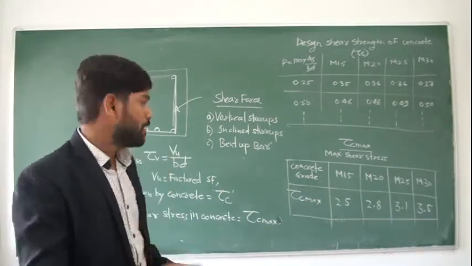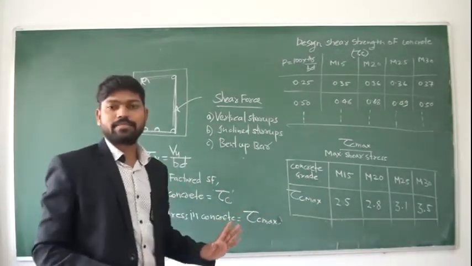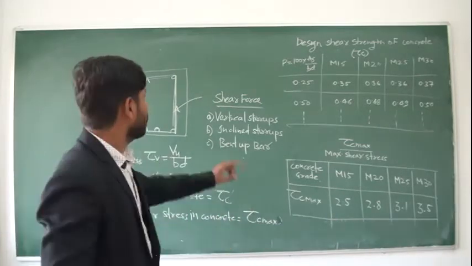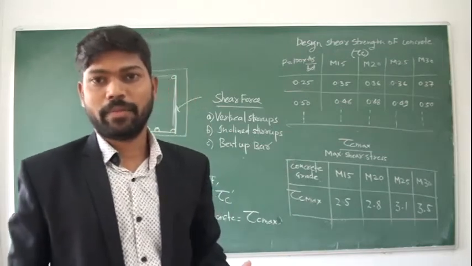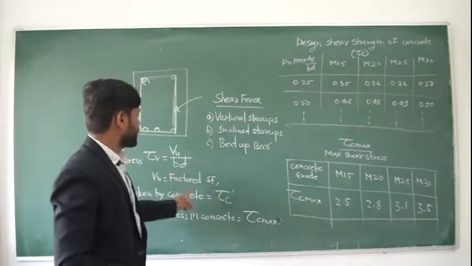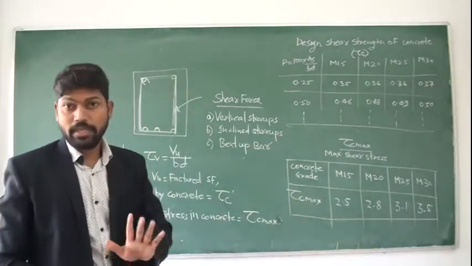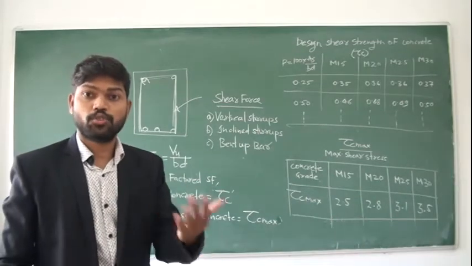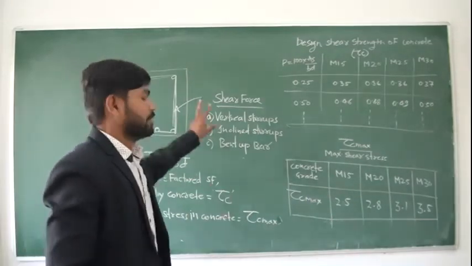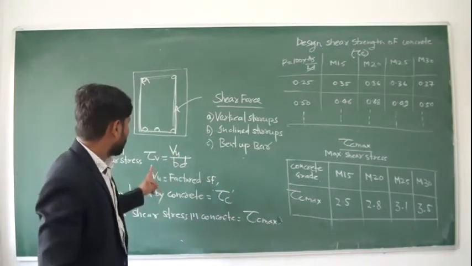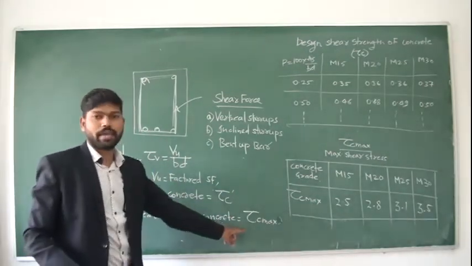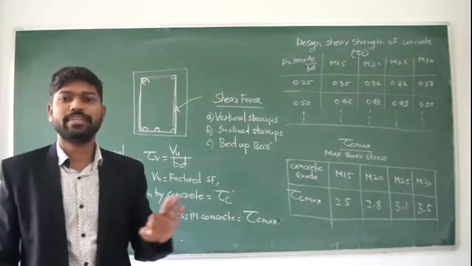If your tau v is greater than tau c max, then you have to redesign the section. If your tau v is greater than tau c, the excessive shear will be resisted by the shear reinforcement. But if your tau v exceeds tau c max, then you have to redesign the section.